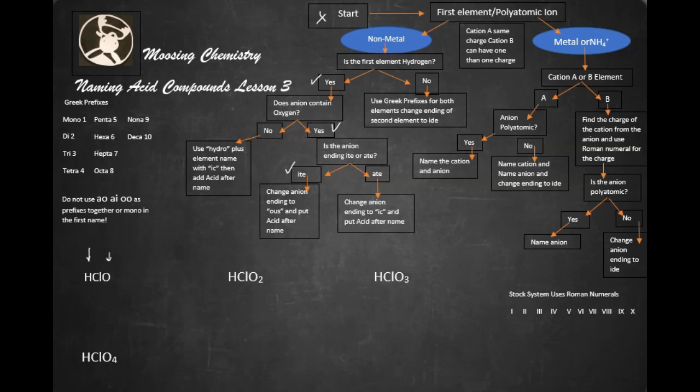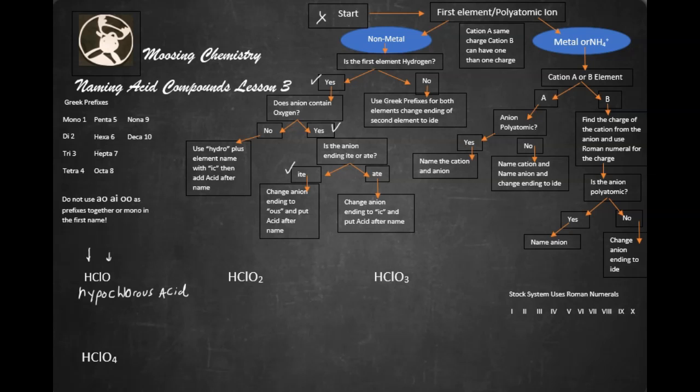But here's something you have to think about. There are 4 of these right here, right? So you're going to have to use the word hypo, H-Y-P-O, and then chlorous, C-H-L-O-R-O-U-S: hypochlorous acid.